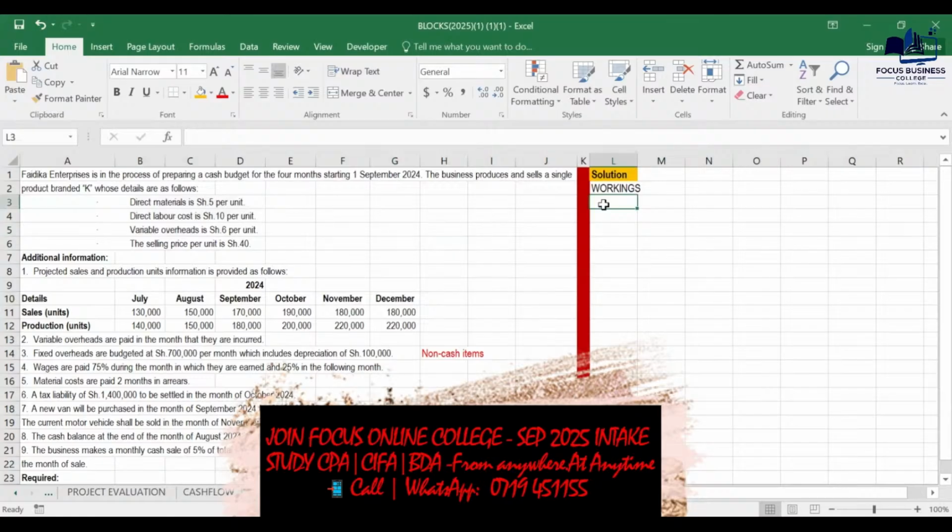Or instead of having that here, can we have that working within our cash budget? Yes, let's do that. Instead of having a separate working, because in an examination setup, this particular working will just be consuming a lot of your time, but by the end of the day, they are not marked.